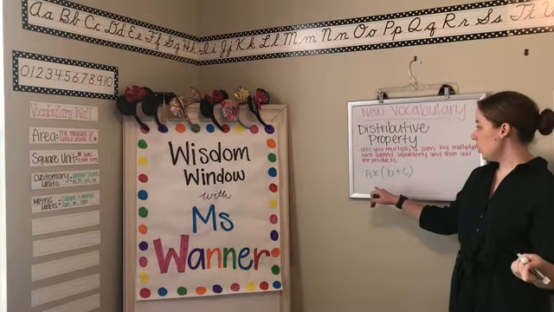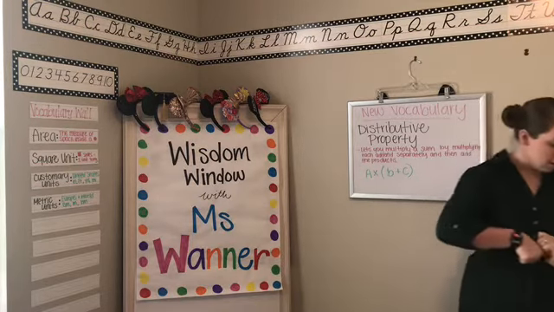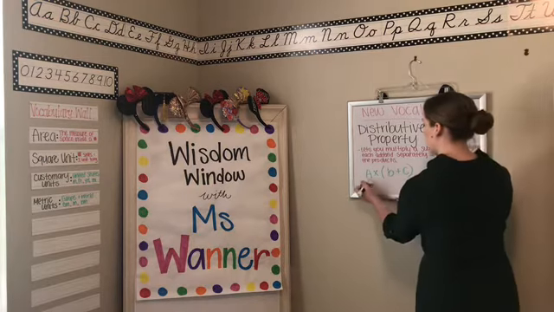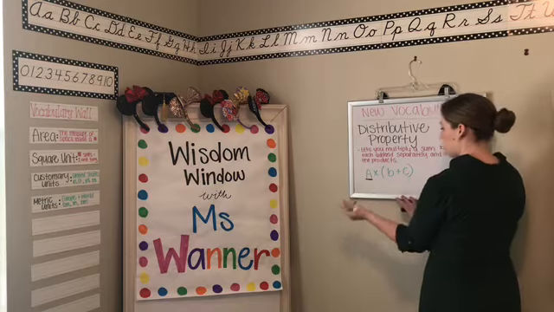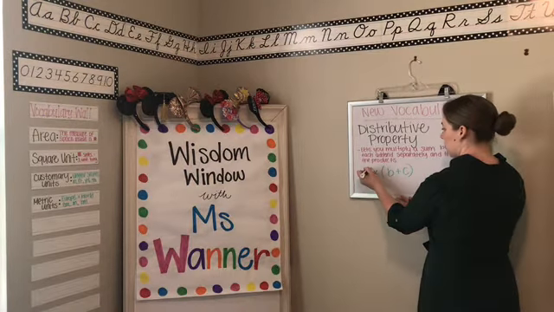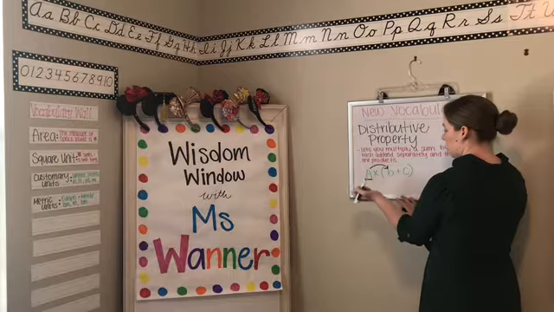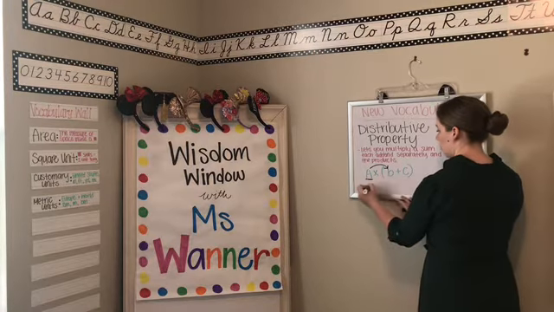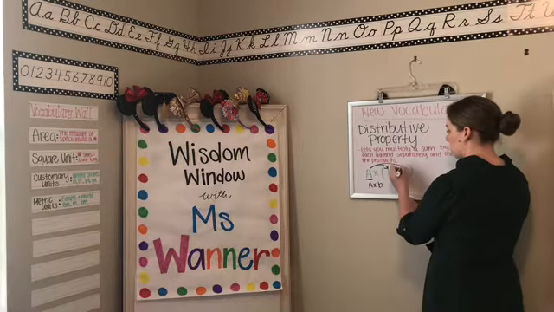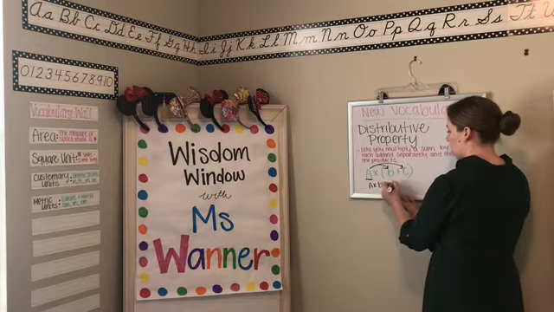What it looks like to solve is we're going to take this number and multiply it to the B, so it would be A times B, and then we're also going to multiply the A times the C, which is going to look like A times C.